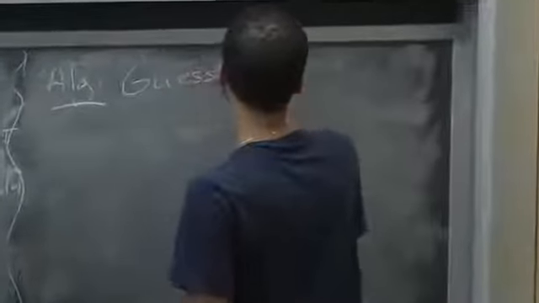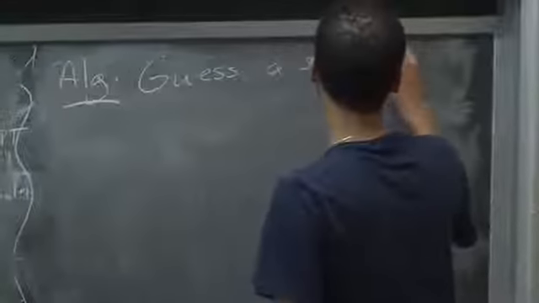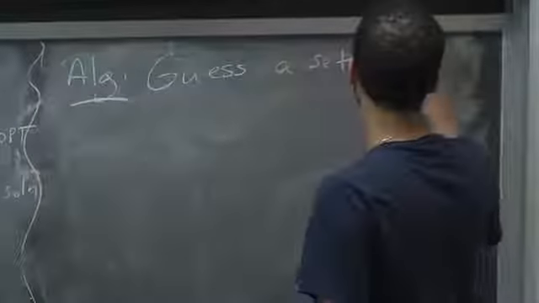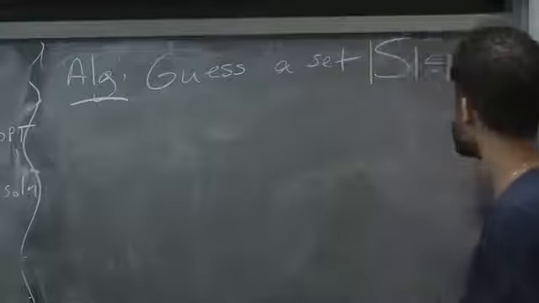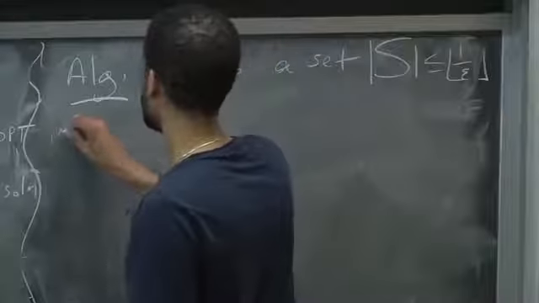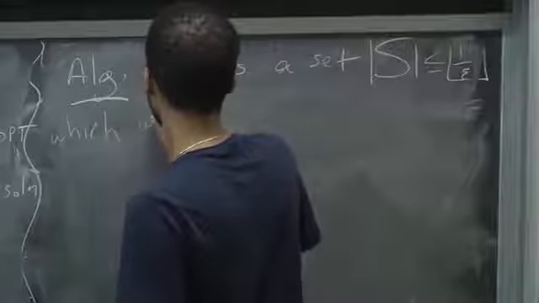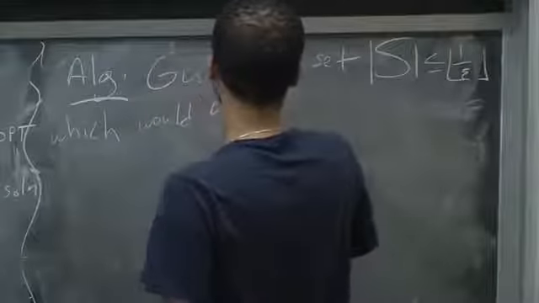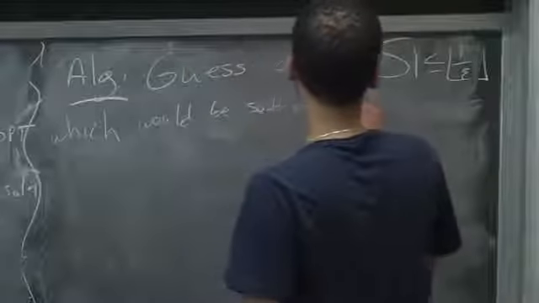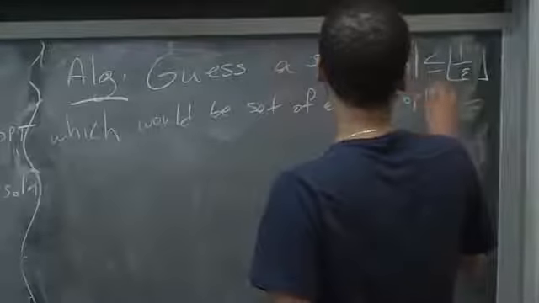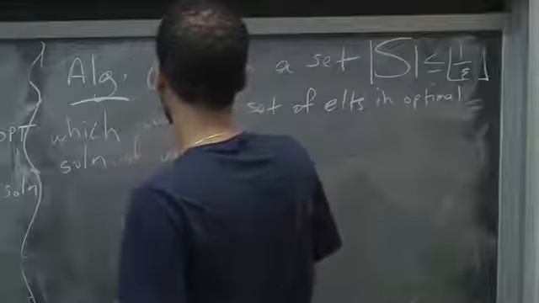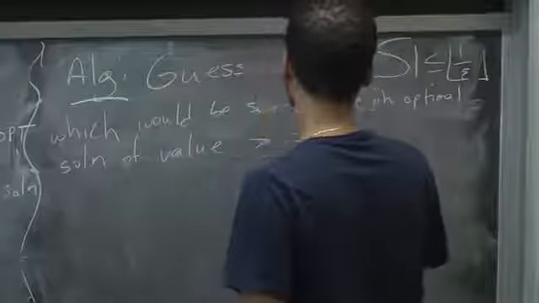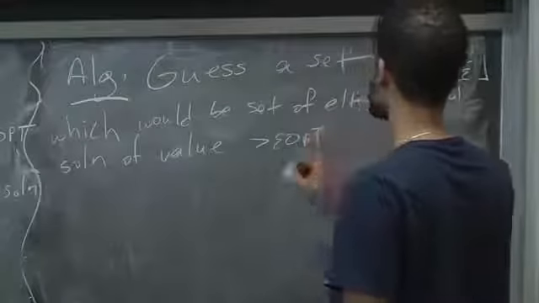Step 1: guess a set S of size at most 1 over epsilon, which would be the set of elements in the optimal solution of value bigger than epsilon times opt.